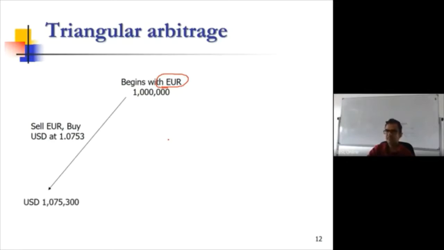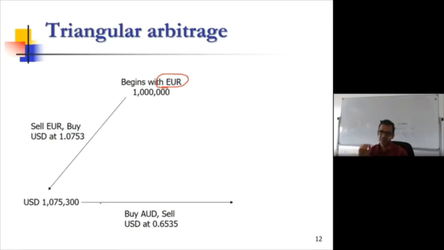Then you will get this amount of dollars because this is the exchange rate. Then you can use the same dollar amount to buy Australian dollars. What is the exchange rate? 0.6535 or something like that. Yes, 0.6535. Then what's the amount of Australian dollars that you can buy?